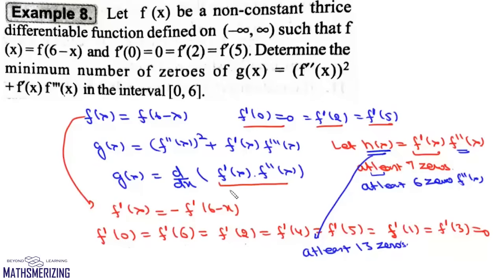Now since this function h(x) is continuous and differentiable, in between at least 13 zeros there will be at least 12 roots of h'(x) equals 0, and h'(x) is nothing but g(x). So the minimum number of zeros of g(x) will be simply 12, and that is the answer to this question.